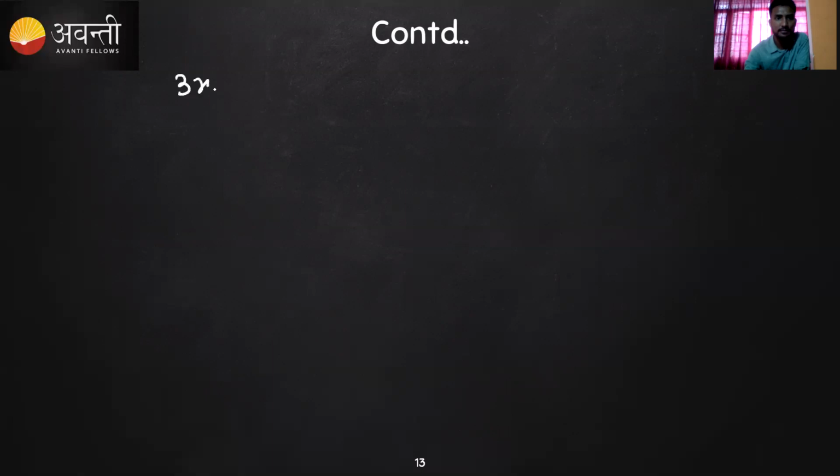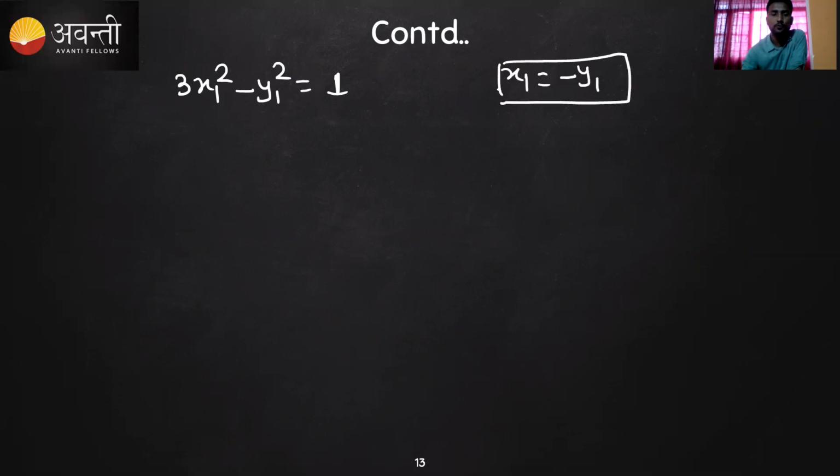So it will be like this: 3x1 square minus y1 square is equal to 1. Okay, and we know this x1 is equal to nothing but minus of y1. So from here, it will be 3x1 square minus, in place of y1 square, you can also write x1 square, and this is equal to 1.